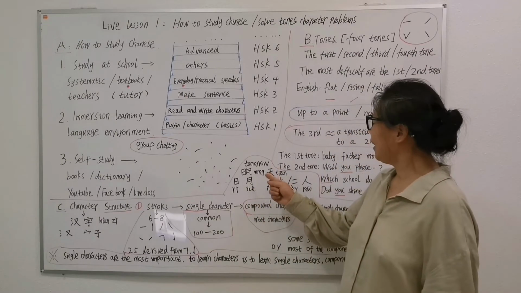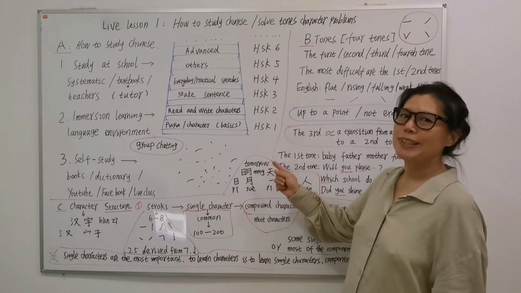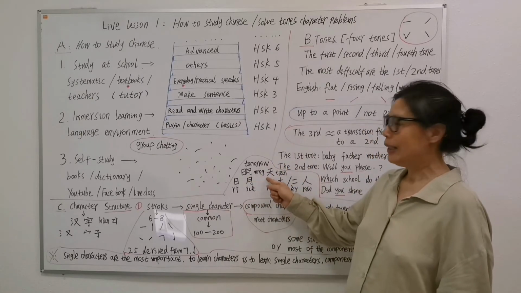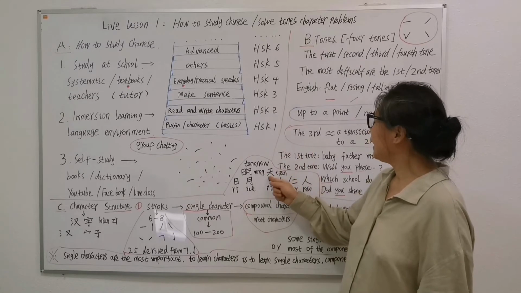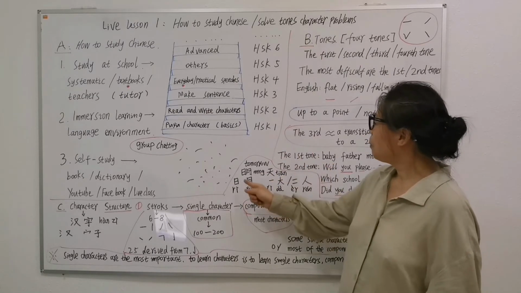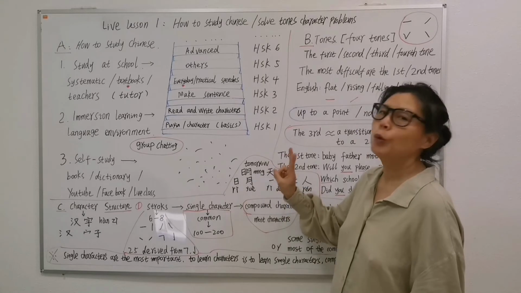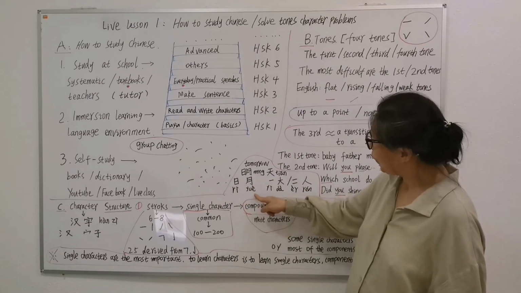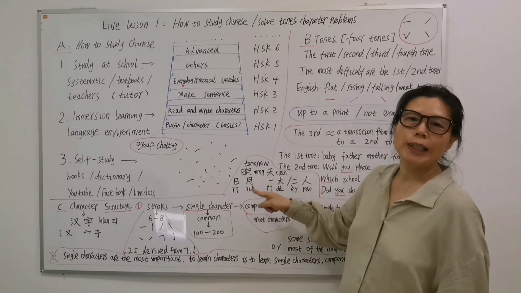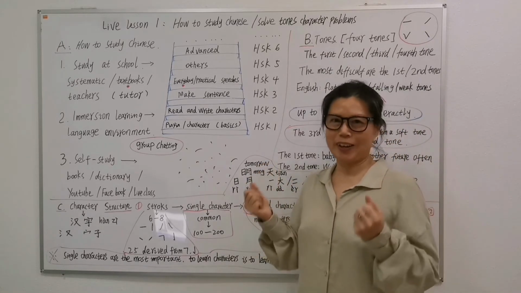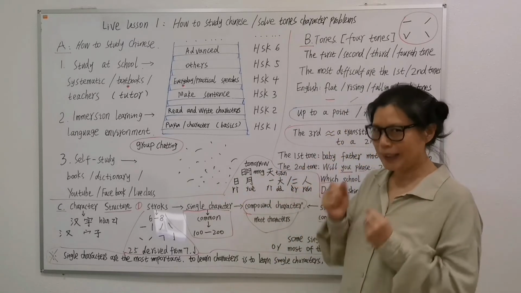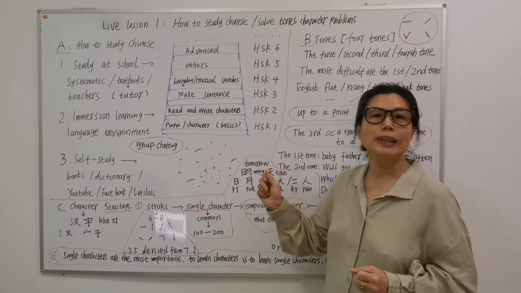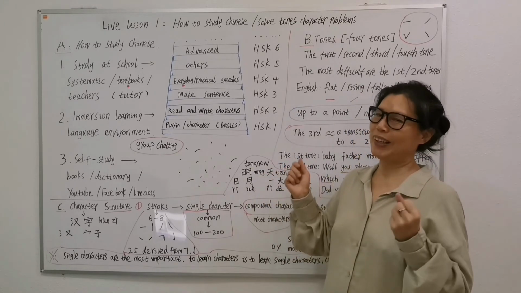Now look at here, tomorrow. English tomorrow, in Chinese is 明天. 明 is made up of two parts, 日 and 月. 日 and 月 each is a single character. Together they form 明, which is a compound character.